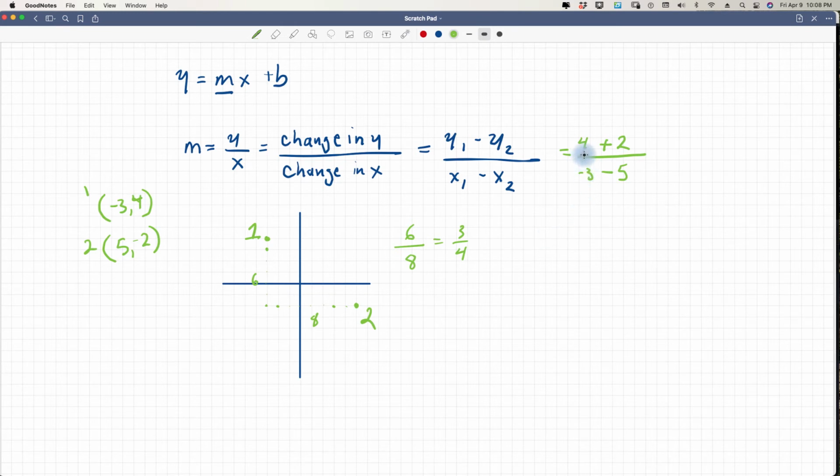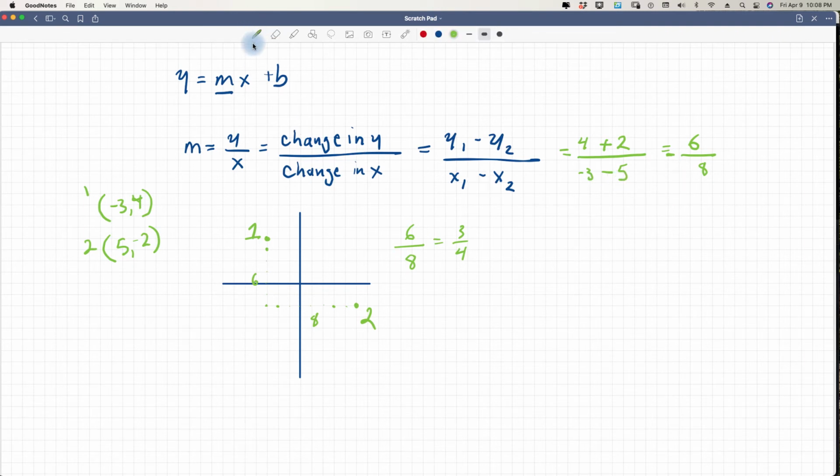All right, so we have 4 plus 2 equals 6, and negative 3 minus 5 is negative 8. Well, we never have the negative in the bottom. We always move it back up here, right?